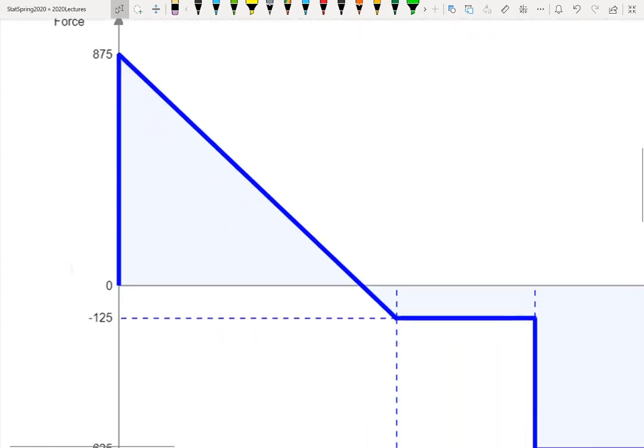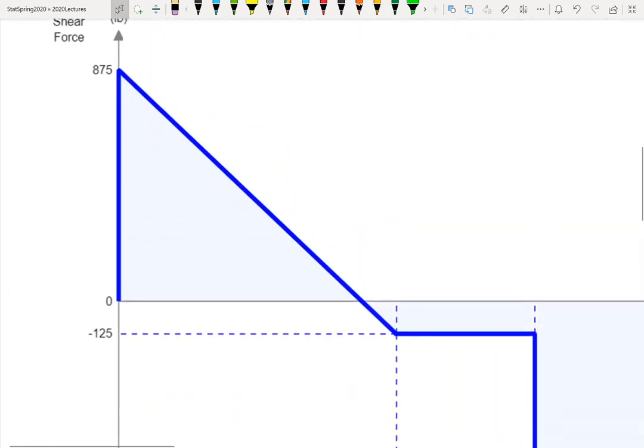Is that true? Well, it's hard to say. This is a straight line we see. Slope, rise over run. The rise is 875 and 125, so that'd be 1,000, divided by the run, which is 10, which would be 100.